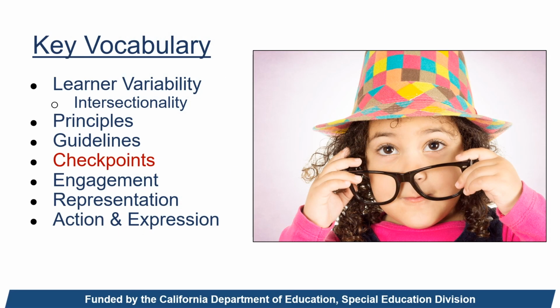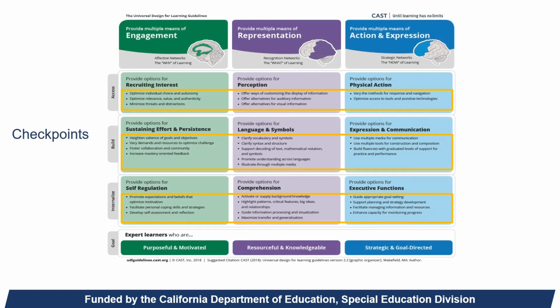Within each guideline, there are checkpoints for educators. The checkpoints provide educators with more detailed information about how to light up the different areas of the brain. These are also all of the different ways we can remove barriers for students and create learning environments that are more accessible for everyone.